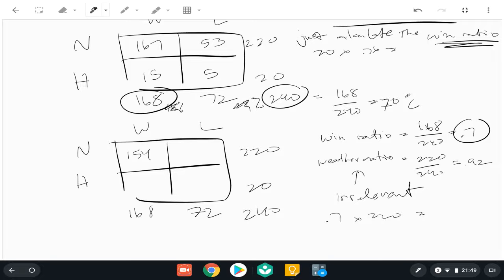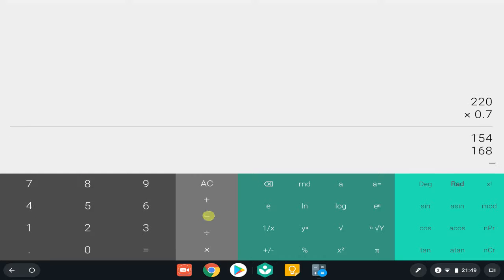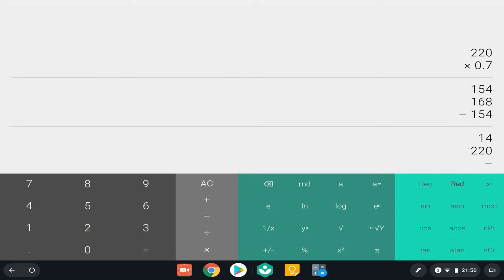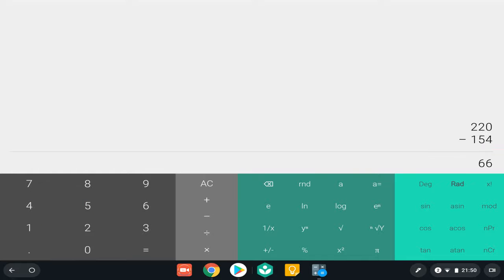And the remaining is 6 plus 8 is 14. I just have to fill in the blanks over here. So 6, and then 220 minus 154. 66.